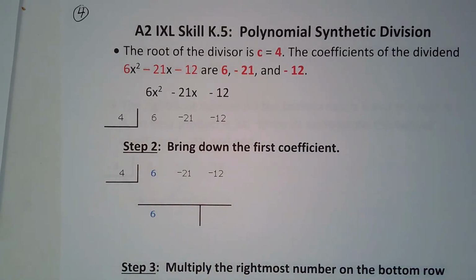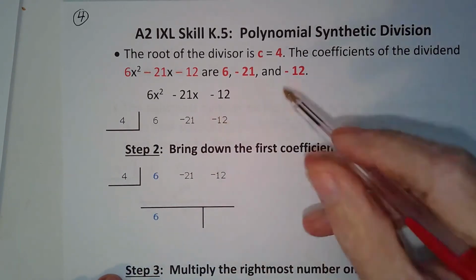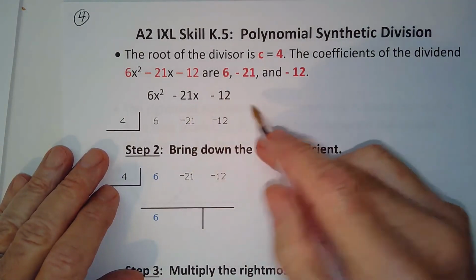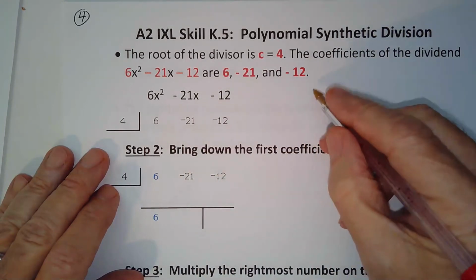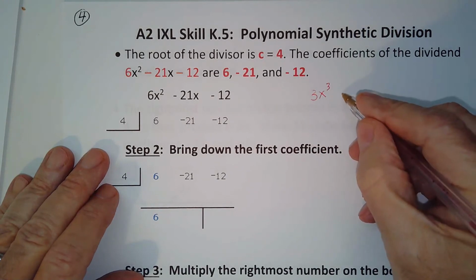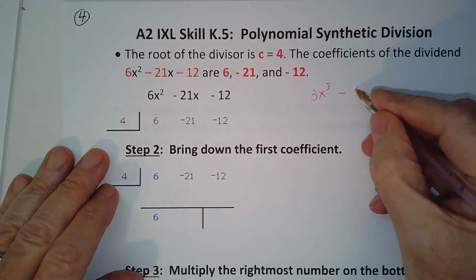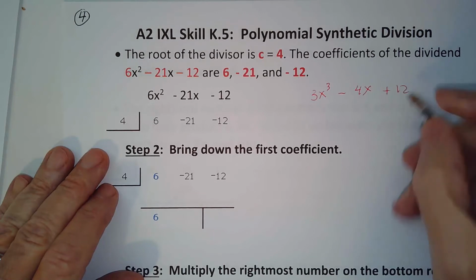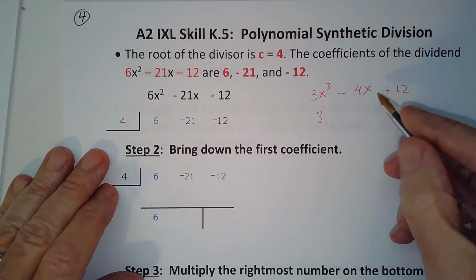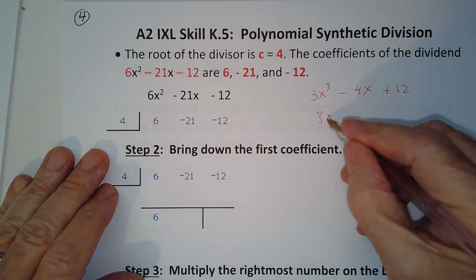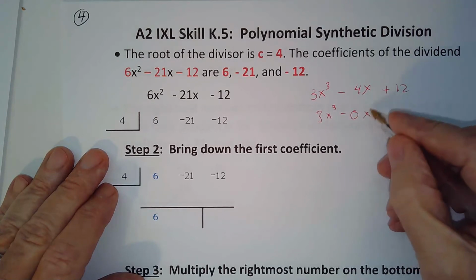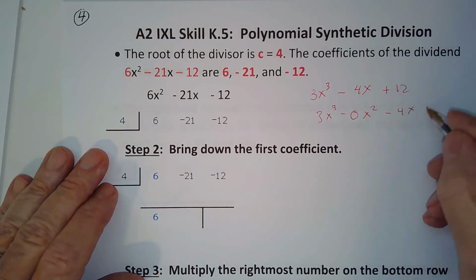Now, sometimes you get a polynomial that's missing a degree. Let's say I had 3x cubed minus 4x plus 12. I have a 3 in the x cubed category, but I don't have an x squared term, so I put 0x squared minus 4x plus 12.